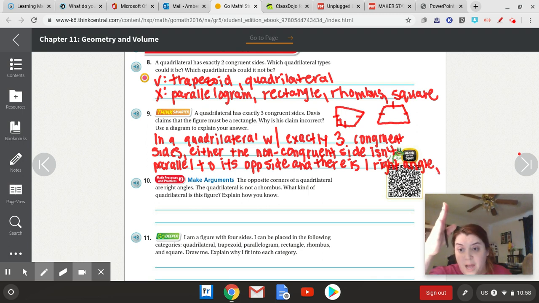If we would have gone straight up, you would have had 4 congruent sides. So right here, that one had to slant out like that, because if you would have gone straight up and then straight over, you would have ended up with 4 congruent sides. So you could have slanted in or you could have slanted out, but either way, you had to slant that third side in order for that fourth side to not be congruent with the other 3 sides. So the 3 sides can be congruent, but then you end up with just that one right angle, and that opposite side can't be parallel to the side with the right angle.